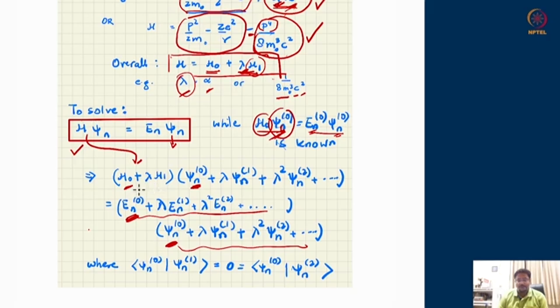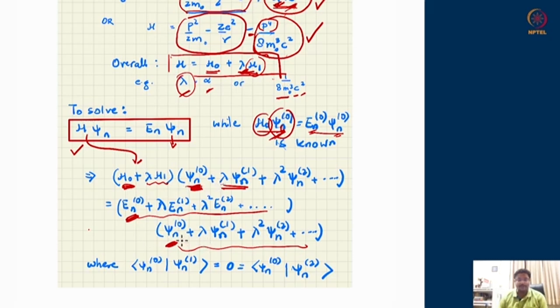Now, if I move forward to see how many terms are there with single lambda, there is a possibility that this H0 acts on this part where one lambda comes, or this lambda H1 acts on psi n0. These are the two terms which will come at the linear order of lambda. That is, these terms will come with a lambda multiplication.